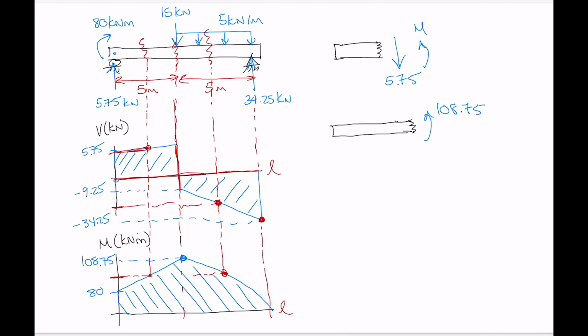And if we wanted to know what the maximum internal moment is, we can actually very easily identify that. So it occurs right in the center of the beam, and the value is 108.75.